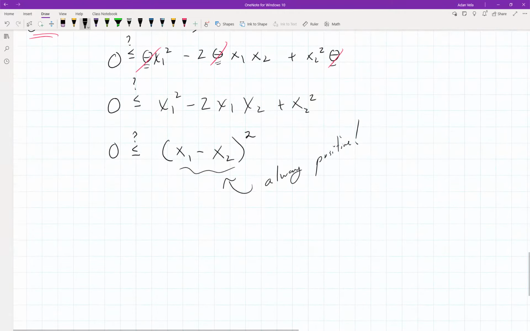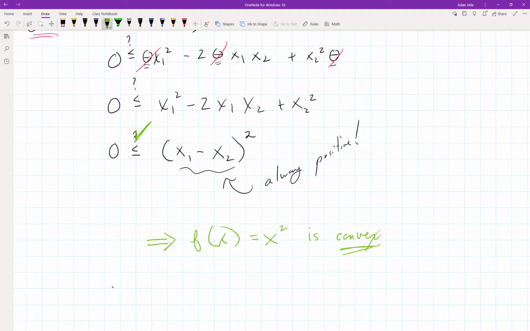So what that means is, in fact, this inequality holds true. That tells us that we've satisfied Jensen's inequality. And so this implies that f of x equal to x squared is convex.